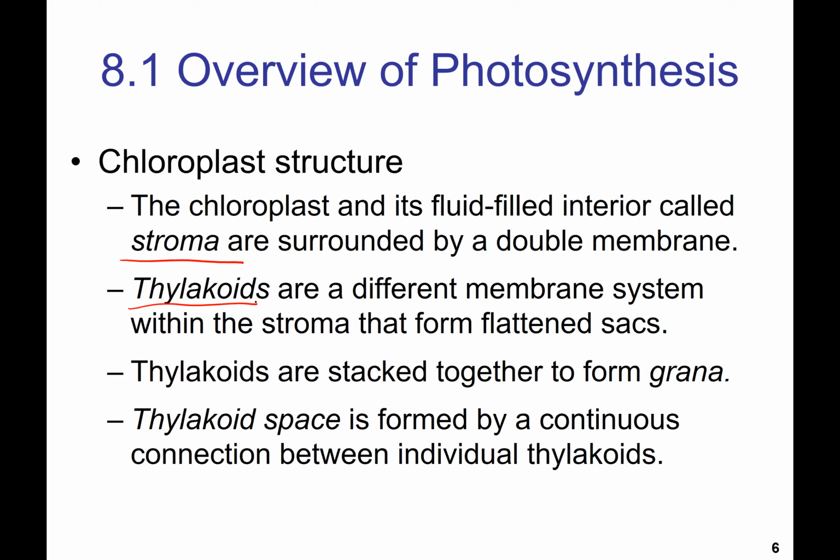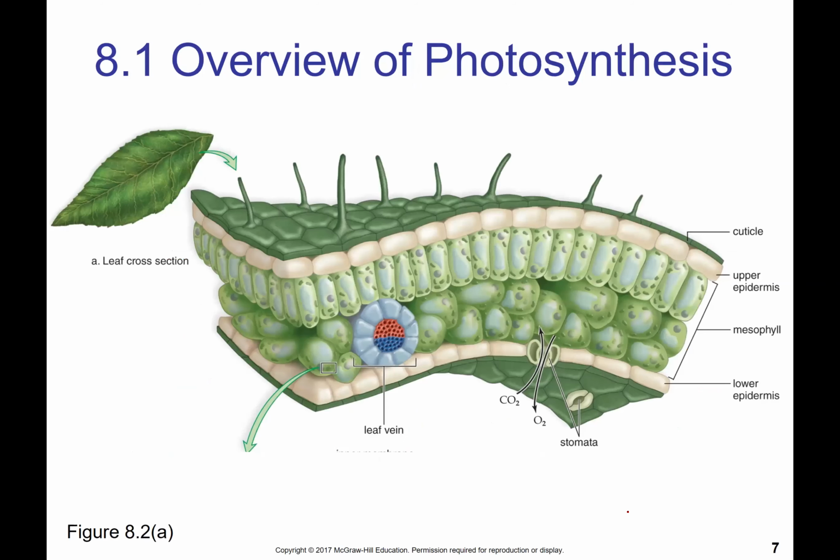Thylakoids just look like little stacks, little round sacks, basically. And when you have several thylakoids stacked together, you're going to get a grana, also called granum. Just know that one's plural, one's singular. And then you're going to get a thylakoid space, which connects the thylakoids together.